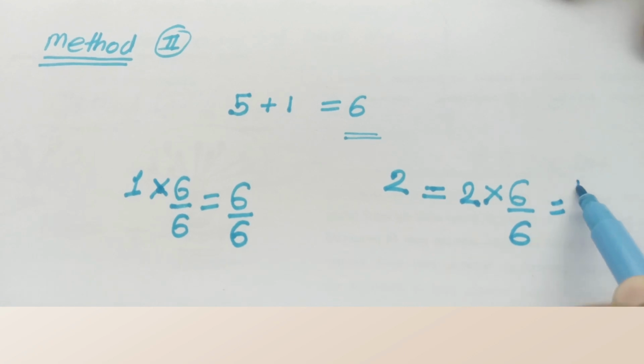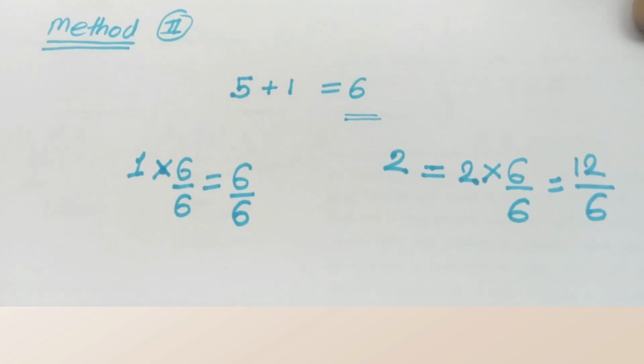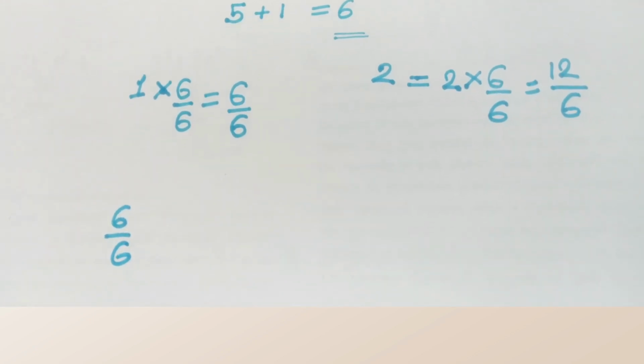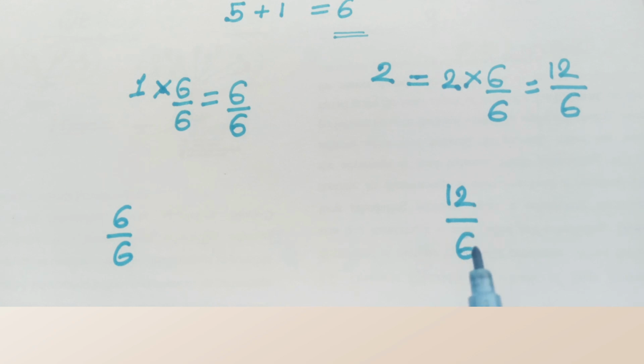Then we get 12 divided by 6. Now our 1 is converted into 6 by 6 and 2 is converted into 12 by 6. 6 by 6 is 1 and 12 by 6 is 2.